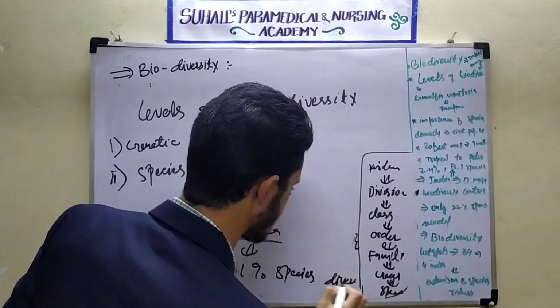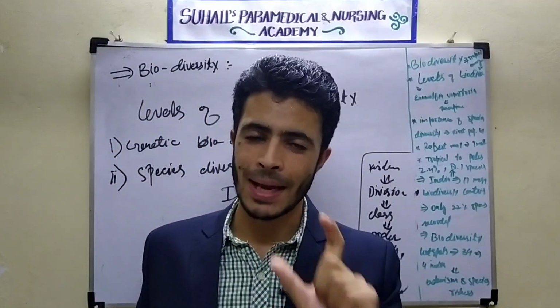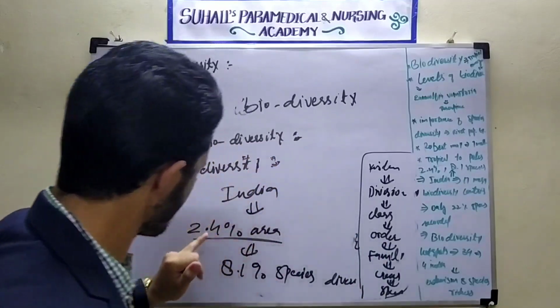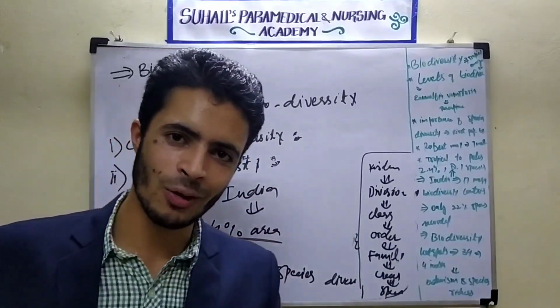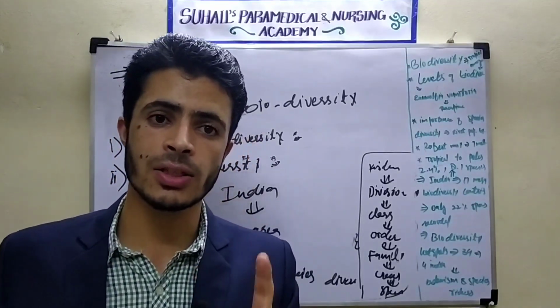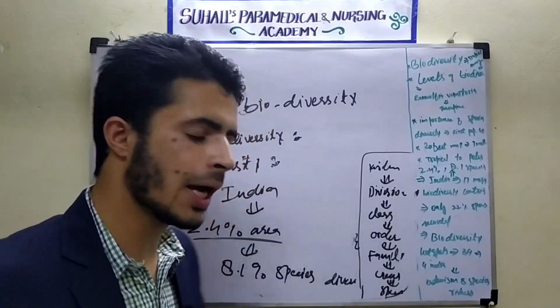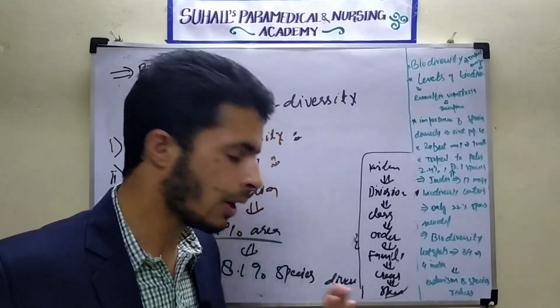See how many species. That is why India is among the 17 mega biodiversity countries. So India has only 2.4% area, but it has 8.1% species diversity. That means India has one of the highest biodiversity, among the high biodiversity countries.